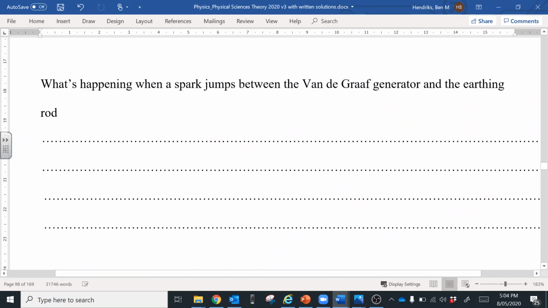Okay, so what's happening when a spark jumps between the Van de Graaff generator and the earthing rod?